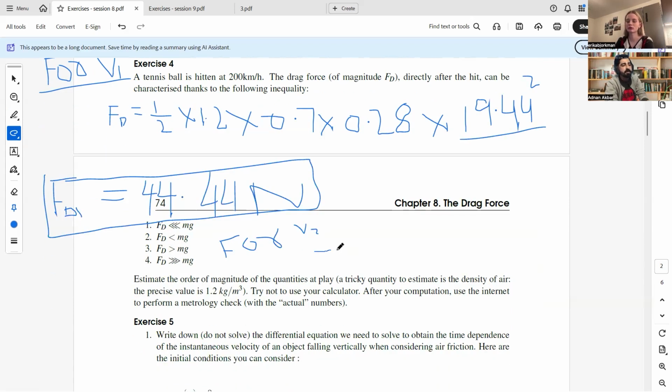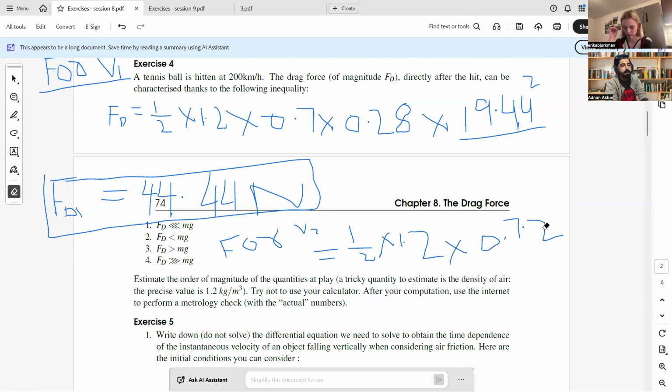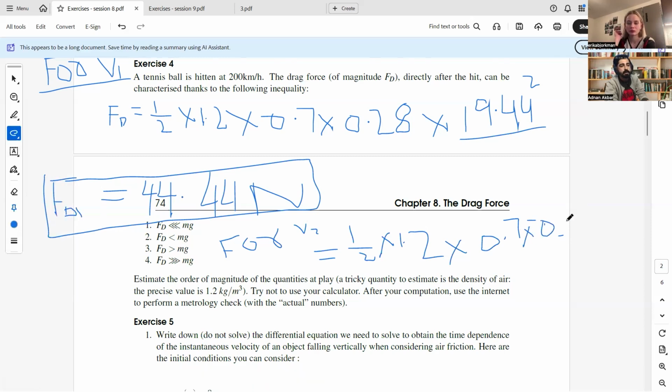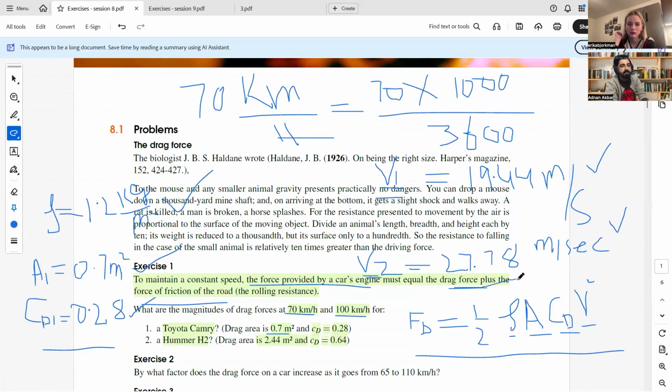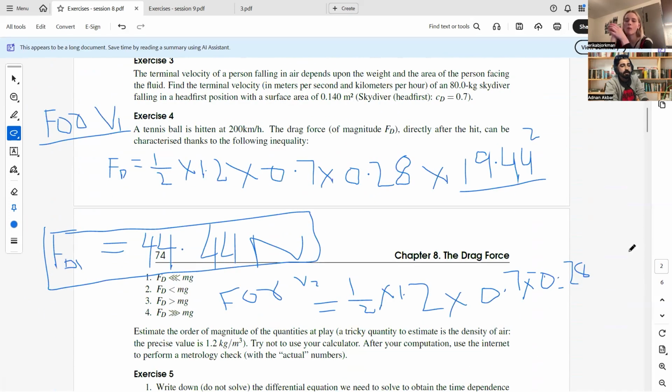Then our equation becomes 1 by 2 multiplied by 1.2 multiplied by 0.7 multiplied by 0.28 multiplied by the second velocity, 27.78, squared.